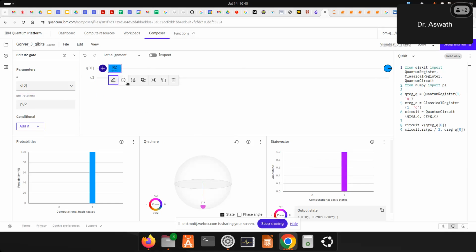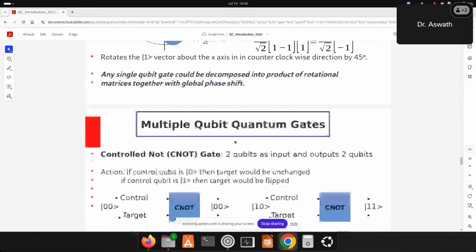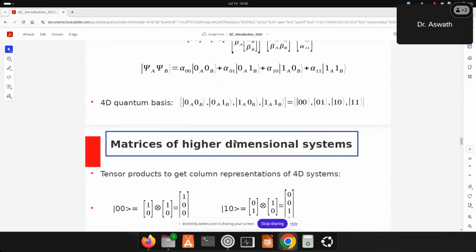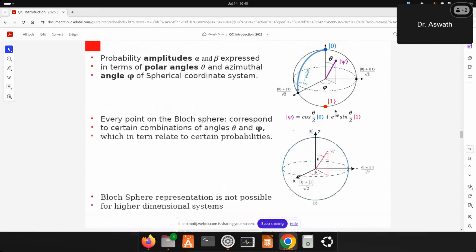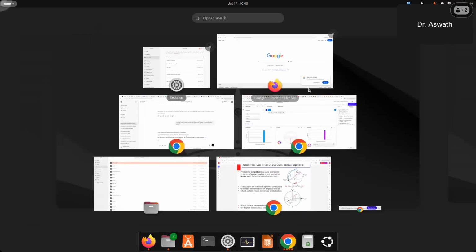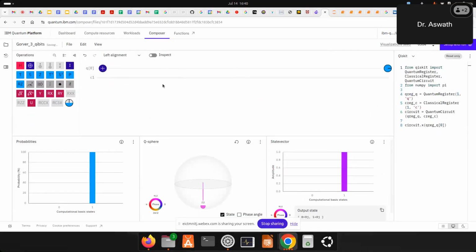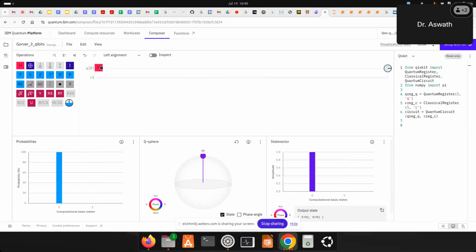By the way, to rotate a quantum state about the Z axis, it should be on the equatorial plane or any other plane other than the north pole. Na? It should be somewhere. So let's say the quantum state is along the x-axis. Okay, let me take that. How should I put a quantum state along the x-axis? Okay, let me take a Hadamard gate.